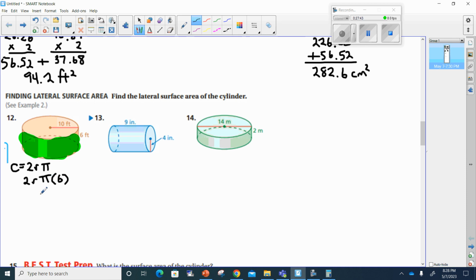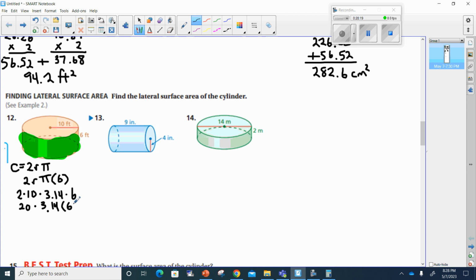When I do this, remember, I can multiply across all the way. And let's remember, radius is 10. So now we have 2 times 10 times 3.14 times 6. All right, I know that 2 times 10 is 20. Now I have 20 times 3.14 times 6.